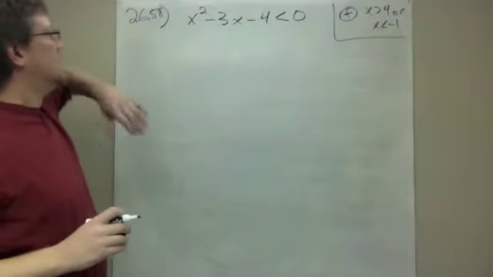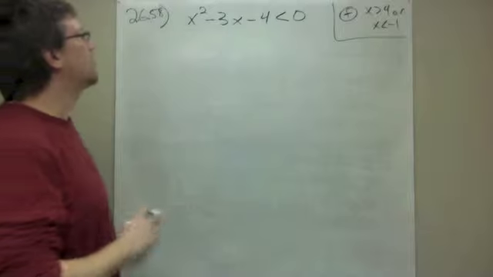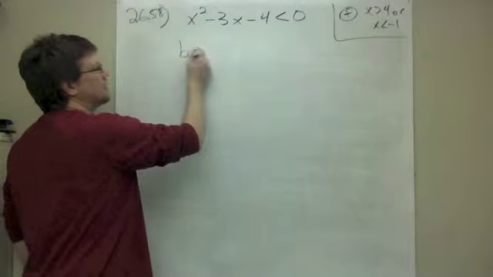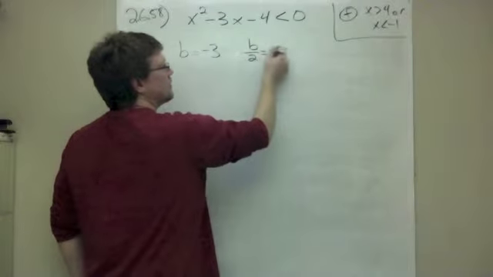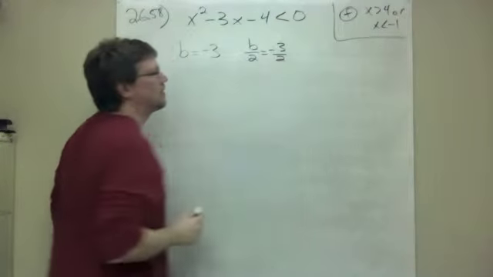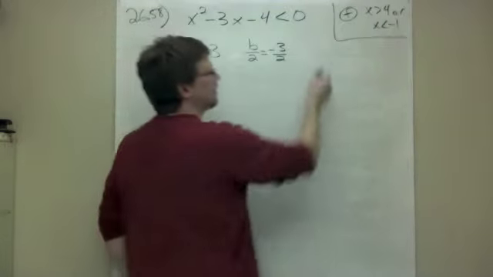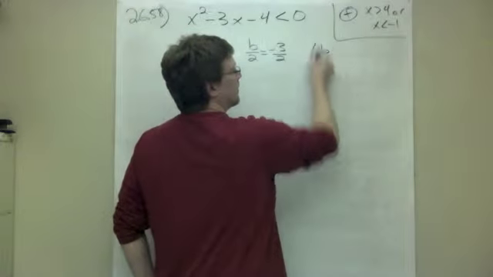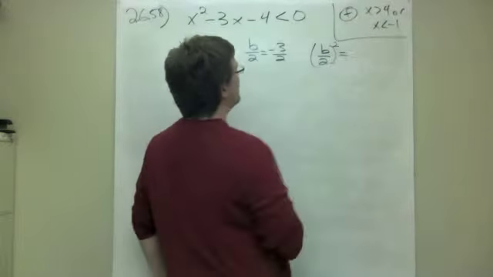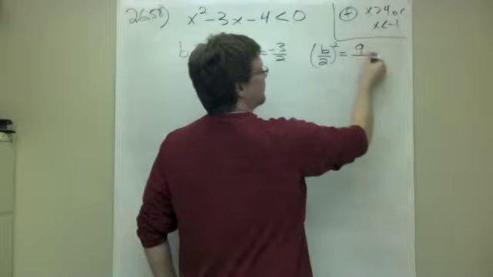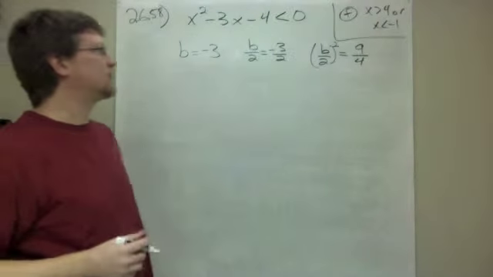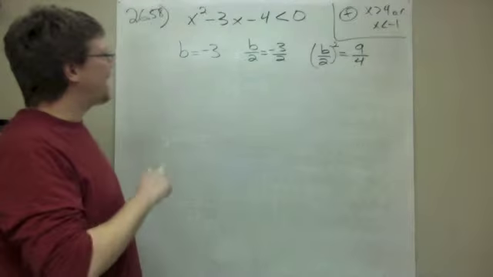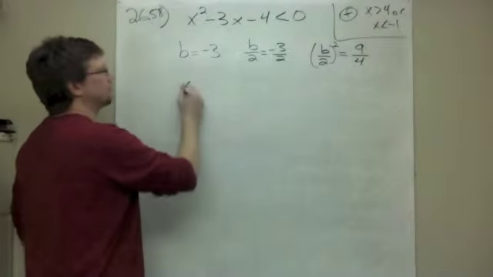Doing it the completing the square way, our b is equal to negative 3. Our b over 2 is equal to negative 3 halves, and our b over 2 squared is equal to 9 fourths. 3 times 3 is 9, 2 times 2 is 4, and negatives disappear on the squares. So we want to add that and subtract it.